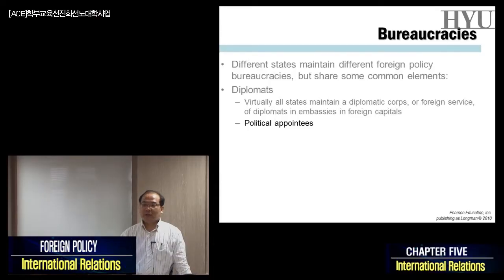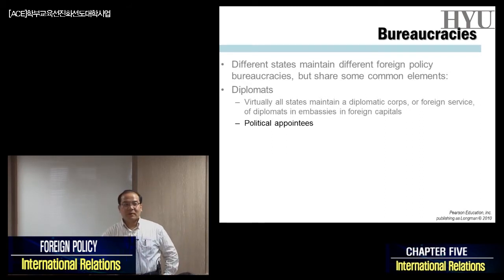And also you need to have some presidential type of foreign policy aides or staff members in the foreign policy staff within the presidential office. So usually 4 or 5 foreign policy related organizations in many countries, including Korea. South Korea also has a similar structure.